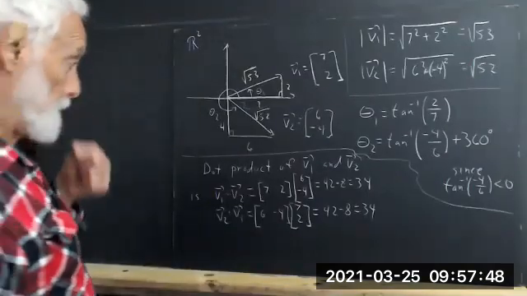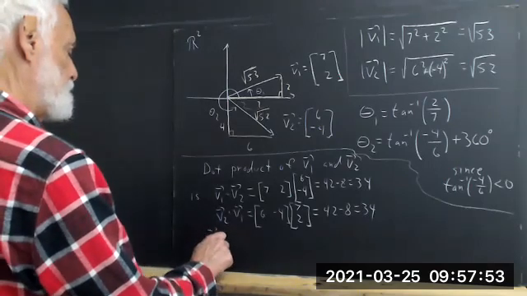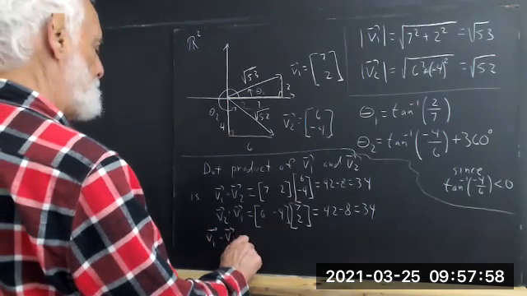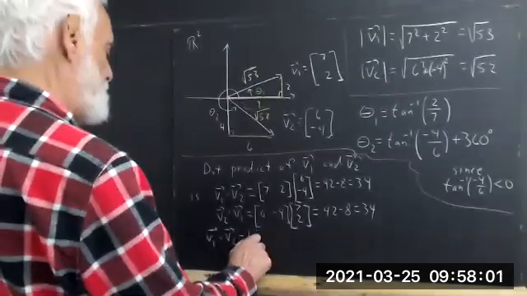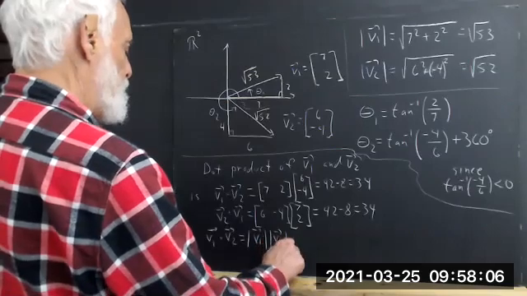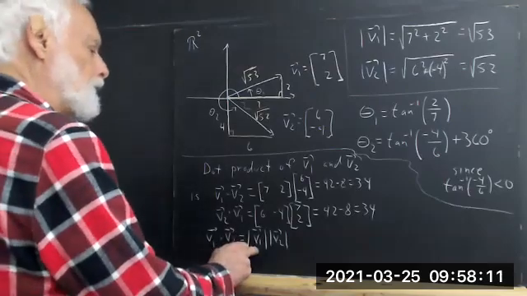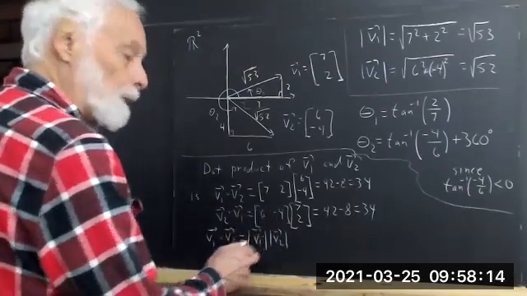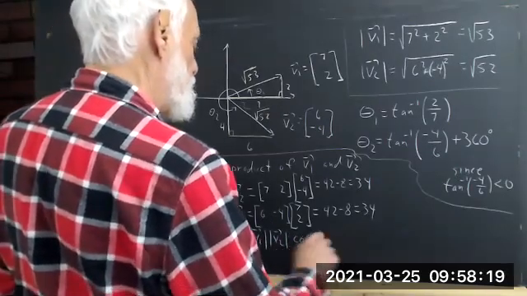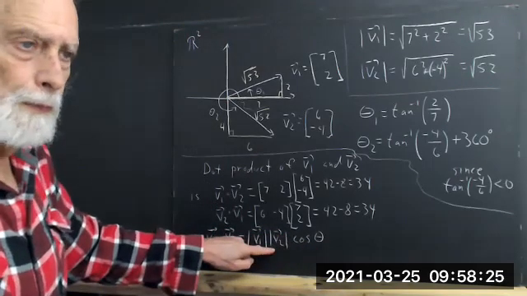Now, big deal about dot product. Okay, the dot product of V1 and V2 is the magnitude of V1 multiplied by the magnitude of V2 times the cosine of theta, where theta is the angle that V1 makes with V2.